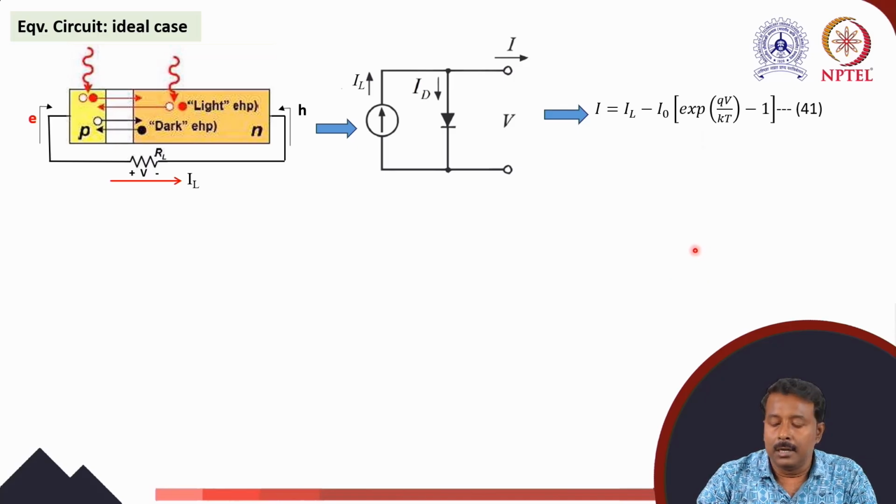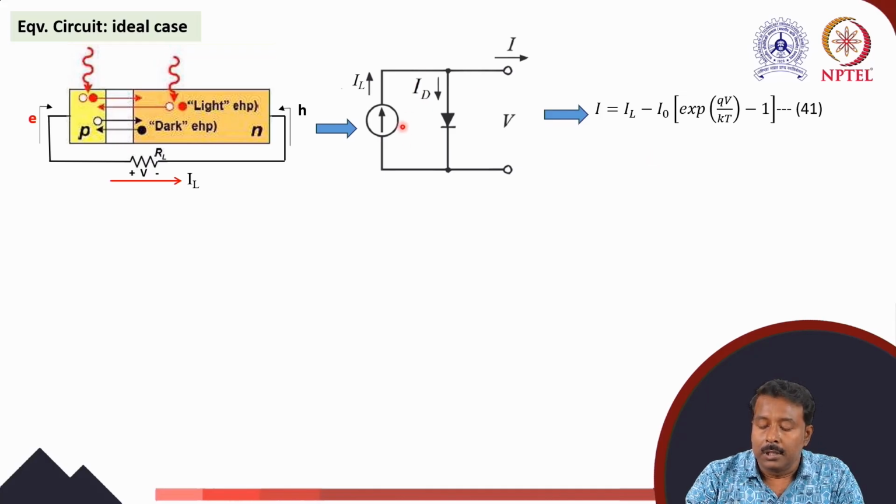In the last class, the expression for the current in a solar cell is I = IL, that is the photocurrent, minus I0 times exponential of QV by KT minus 1. This is the diode current part. So this equation can be represented in the form of an equivalent circuit.